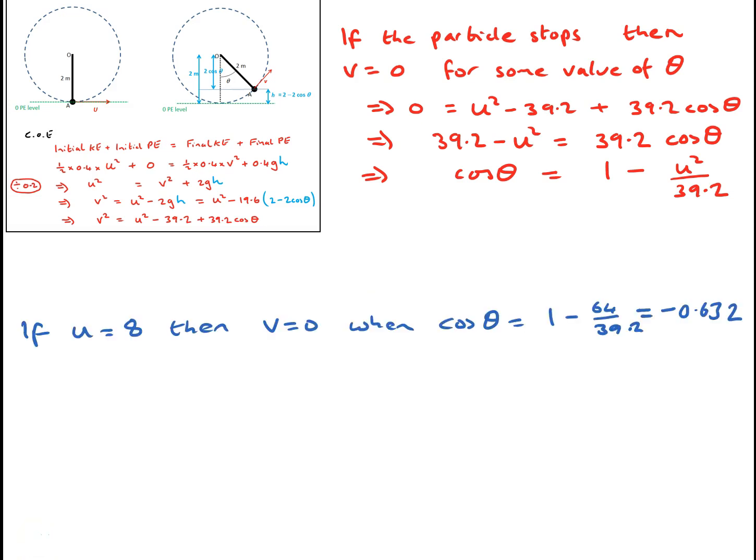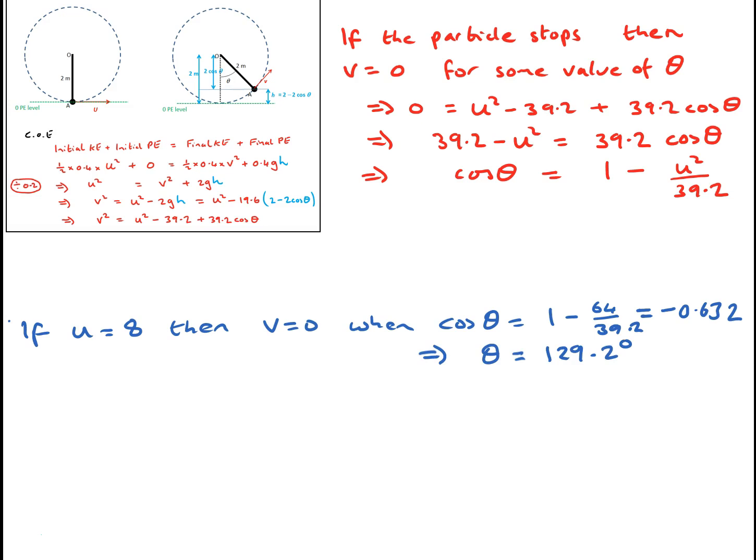If instead we have u equals 8, then our equation for v equals 0 becomes cos theta equals 1 minus 8 squared divided by 39.2. In other words, cos theta equals minus 0.632. And this has a solution of theta equals 129.2 degrees.